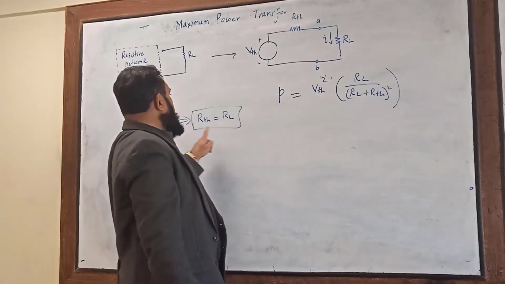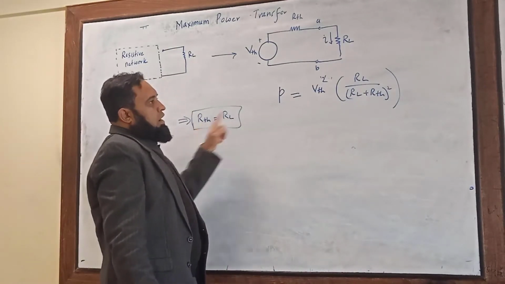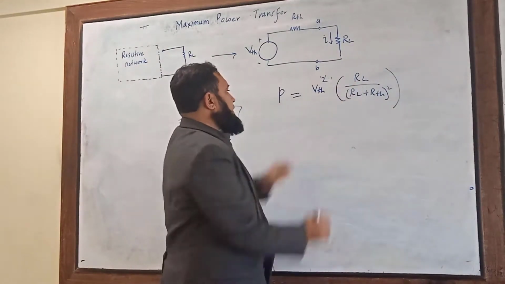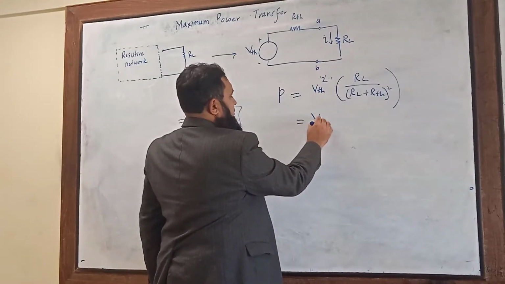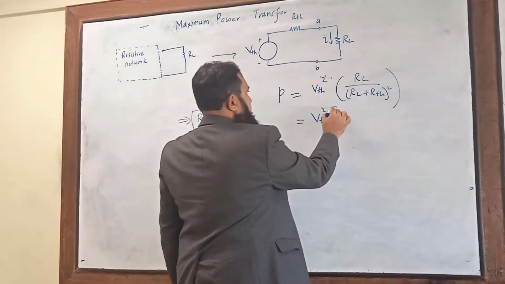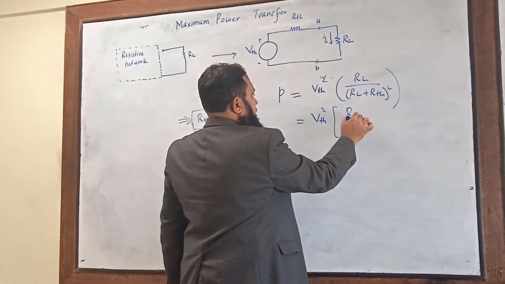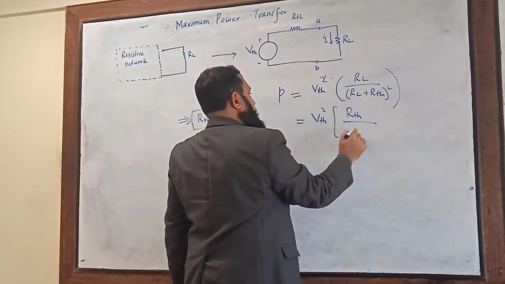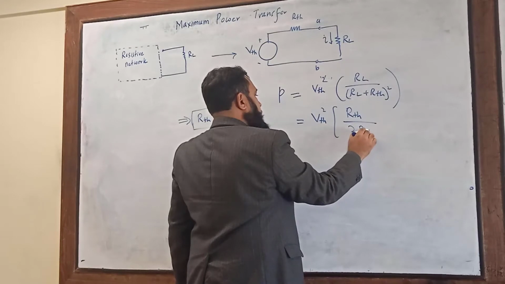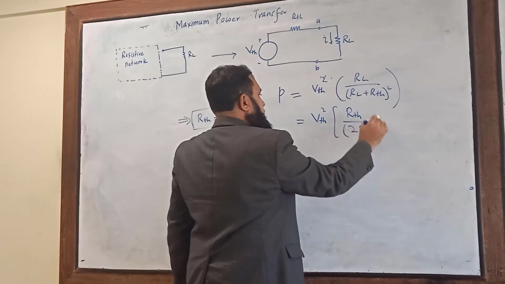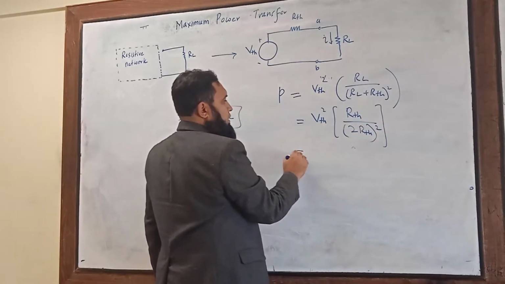Substituting RL equal to RTH, we have RTH in the numerator and 2 RTH square in the denominator.